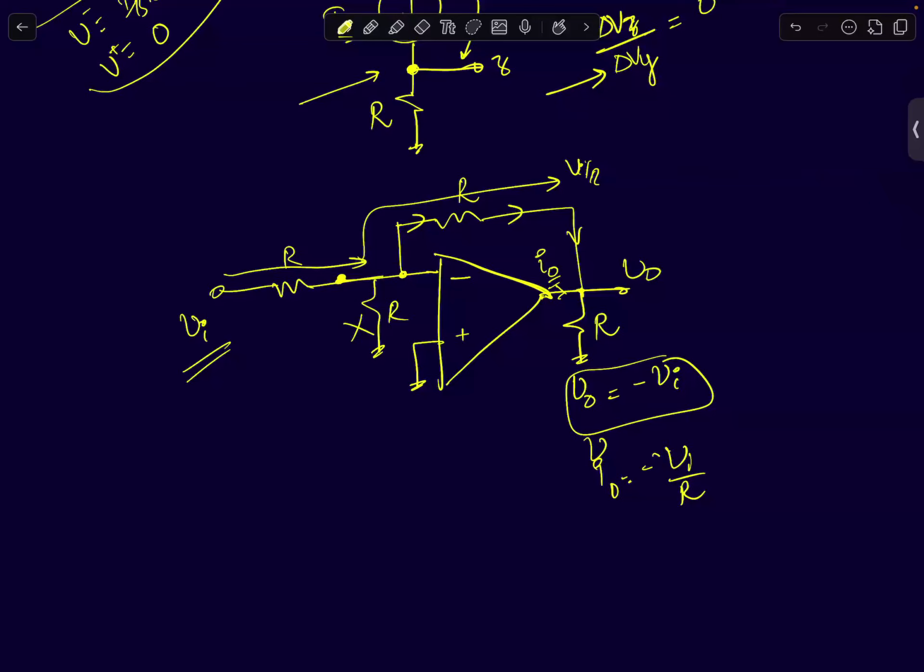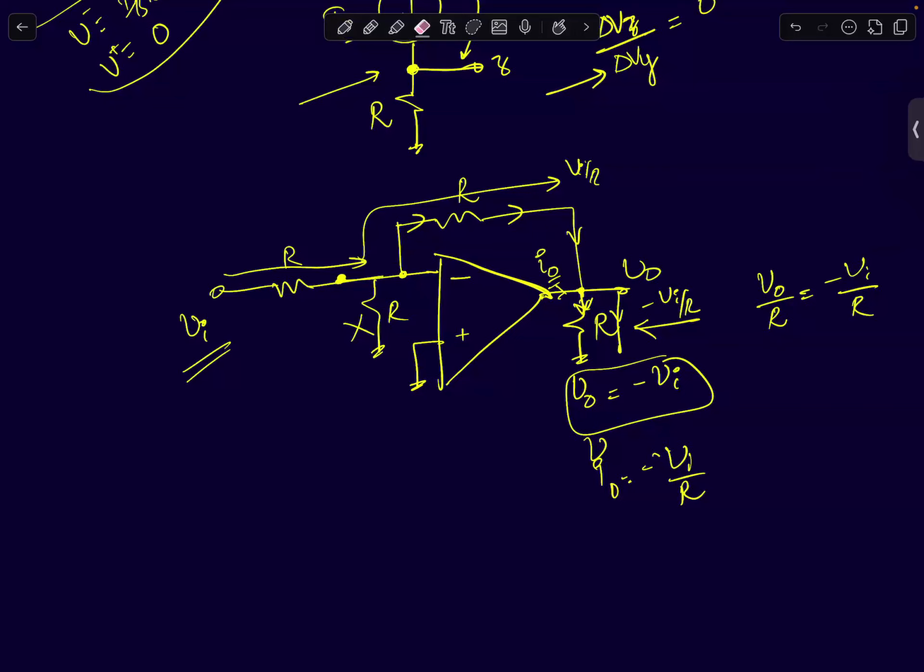The moment I add a resistor, the resistor is going to carry some current. What is the current flowing through the resistor? The current flowing through the resistor is V naught by R. And since V naught is minus Vi, if I show the direction of current, a current of value minus Vi by R is flowing in this direction.